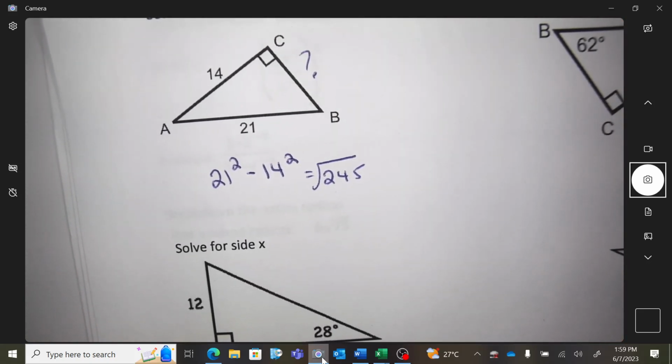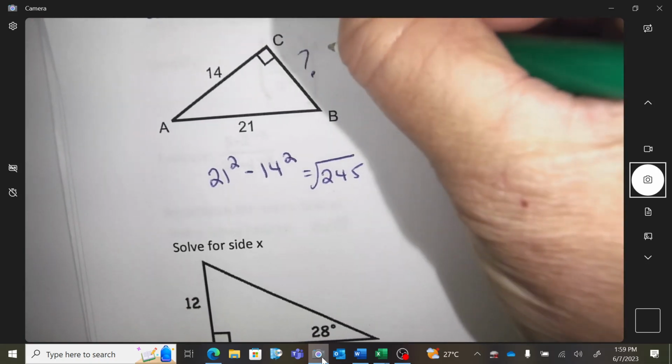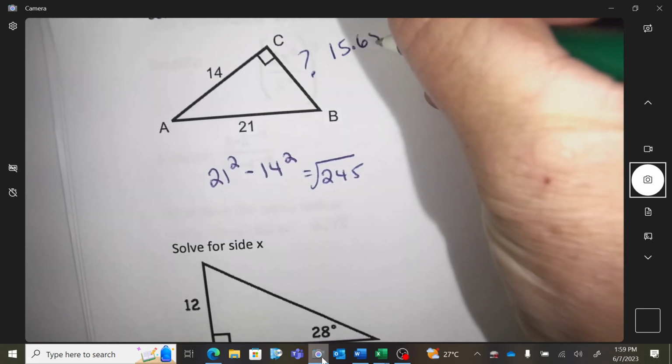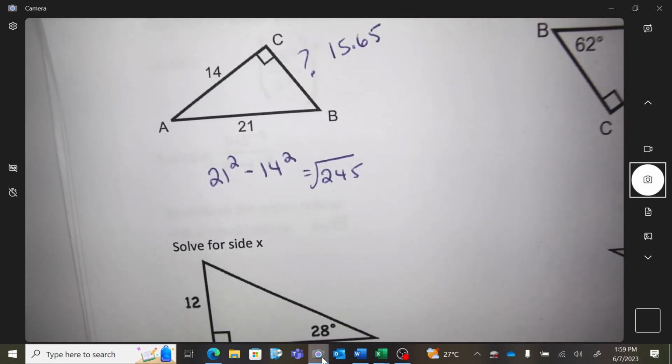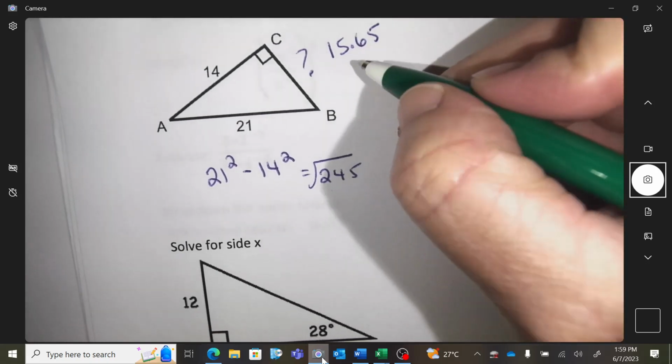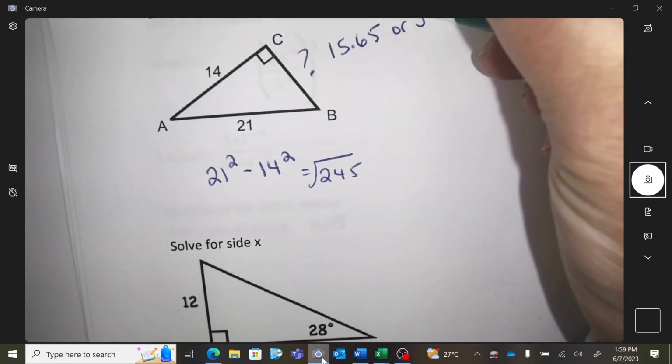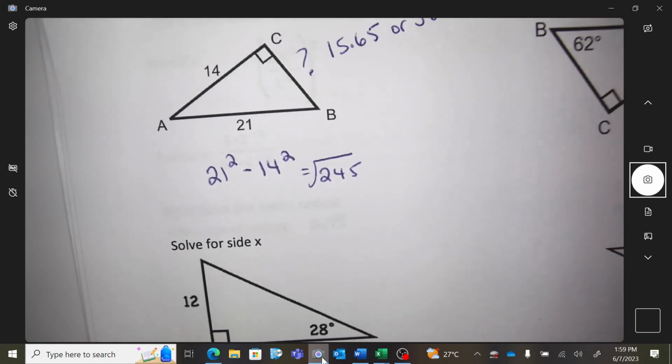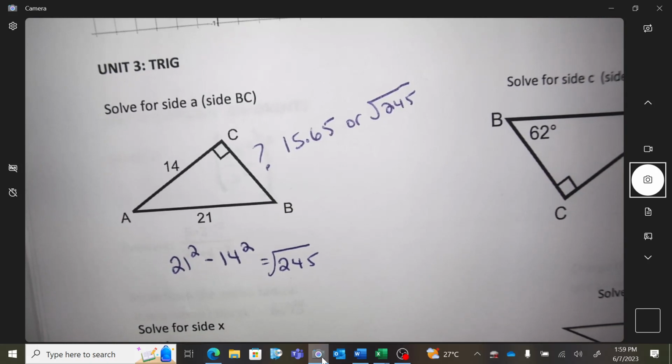Would you notice that that answer looks a little bit extreme for that triangle? On your exam, I can't remember if it's a multiple choice. I'm not sure if it's expressed as a decimal or just left as a radical. It could have been a decimal or a radical.